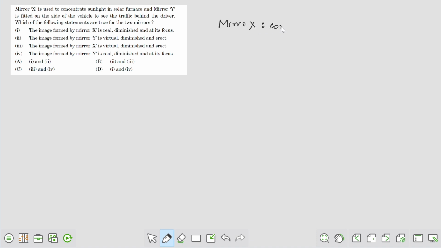Very good. Mirror X is concave. Now what about mirror Y? Mirror Y is fitted on the side of the vehicle to see the traffic behind the driver. So mirror Y is convex.